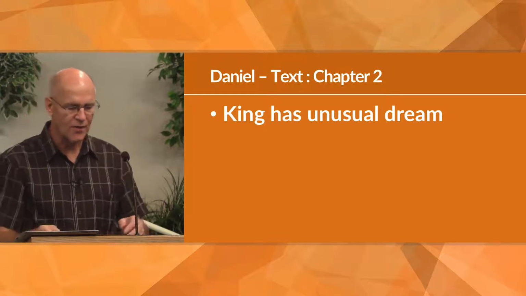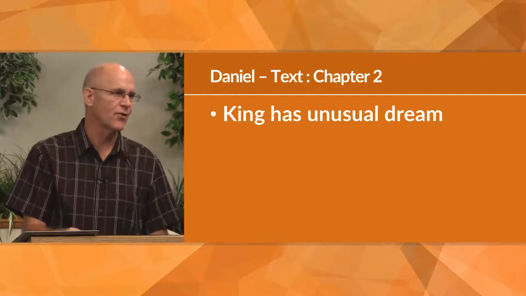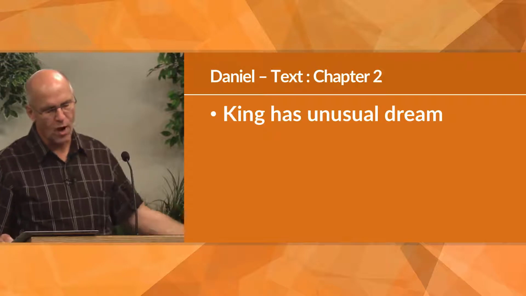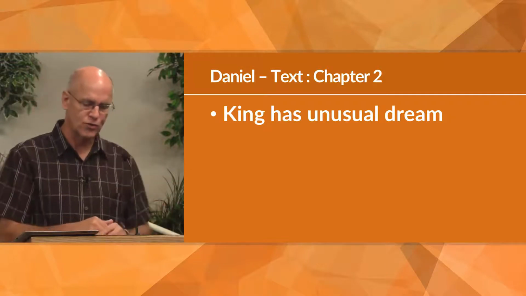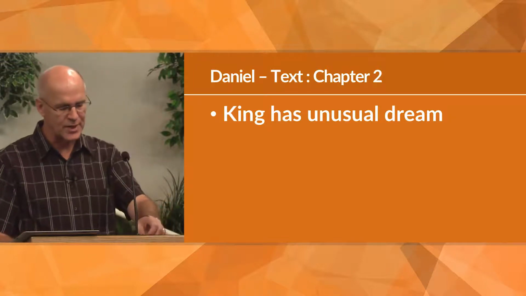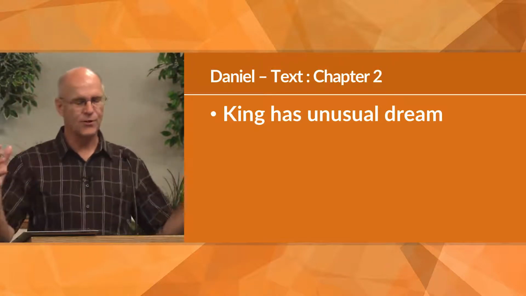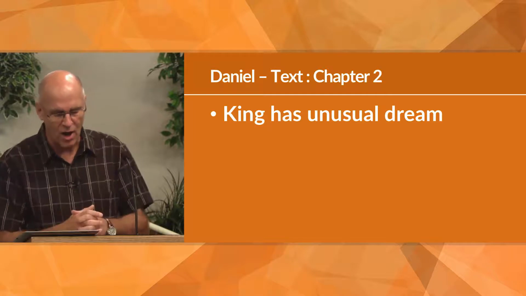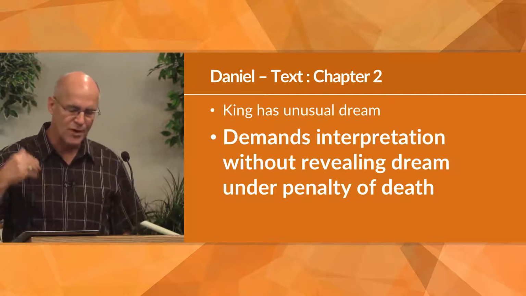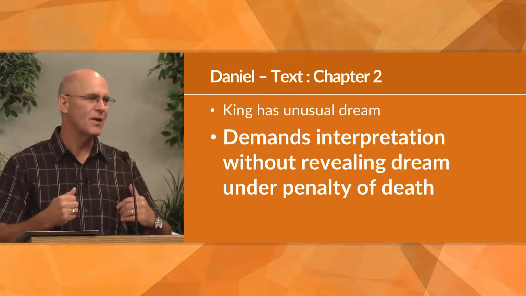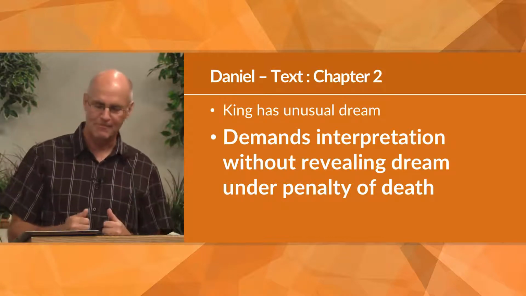They also put a lot of importance in dreams and what the dreams meant. And so the king calls his wise men, a collection of sorcerers, astrologers, counselors, ministers, to give him the interpretation of the dream. Now there was a catch, however, and the catch was he doesn't tell them what the dream is. He tells them they have to tell him what the dream is and then interpret it.